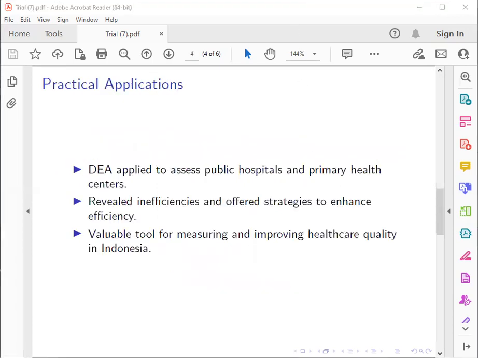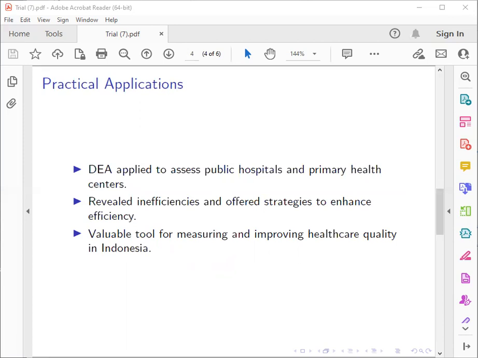Okay, so what are the practical applications of this DEA then? First things first, we need to understand data envelopment analysis and how it improves healthcare. DEA has been successfully applied to assess the efficiency of many healthcare providers around the world in many studies.